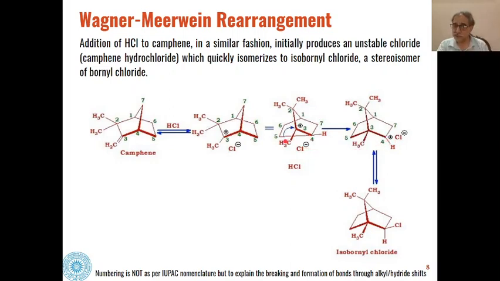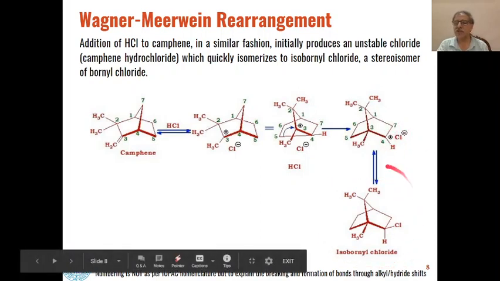So basically one methylene shift has taken place from here to here. That is why this is a Wagner-Meerwein shift, and the rearrangement is Wagner-Meerwein rearrangement. This carbocation then again will react with the nucleophile, and we will get isobornyl chloride as the product.